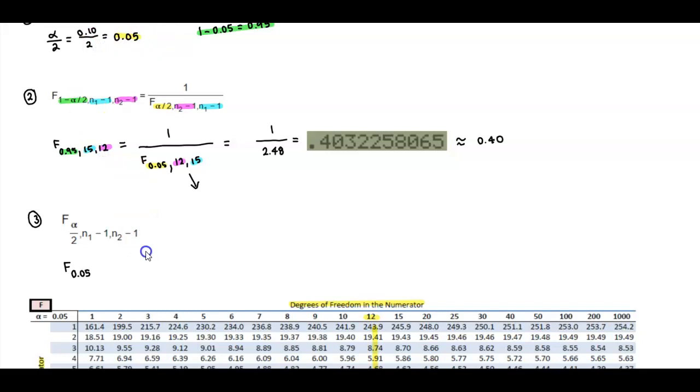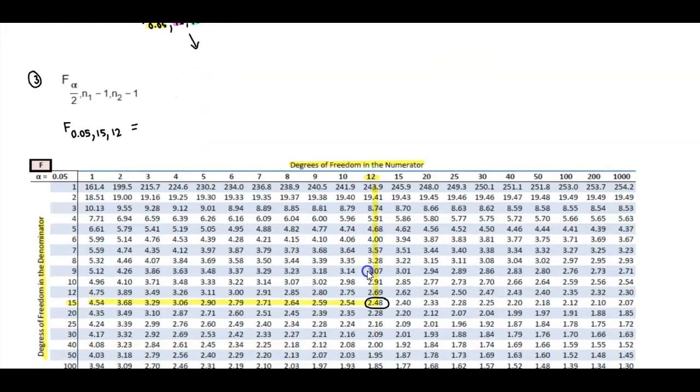Then we know that the degrees of freedom in the numerator is 15, and the degrees of freedom in the denominator is 12. So if we take a look at the chart, we end up getting the following value, which is 2.62.